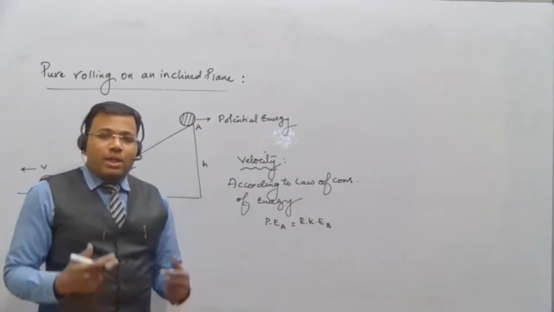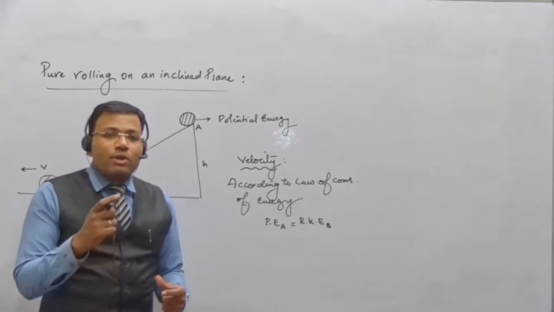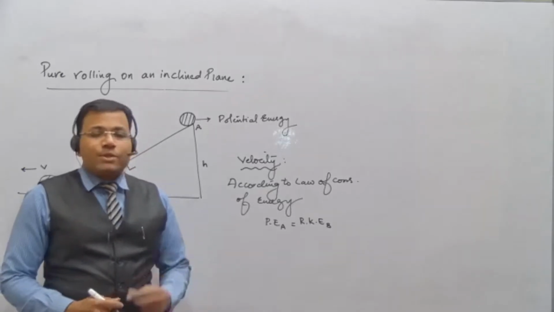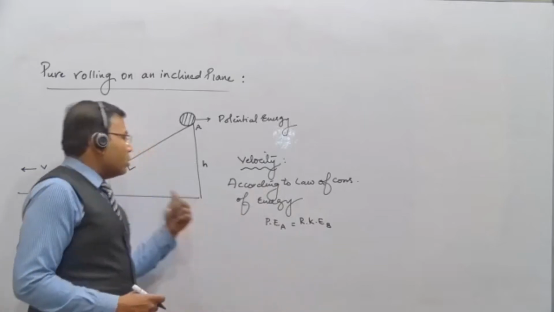Yesterday in the last class, I have already explained what is rolling. Rolling is the combination of translatory motion as well as rotational motion. So that gives us the rolling kinetic energy at the point B.